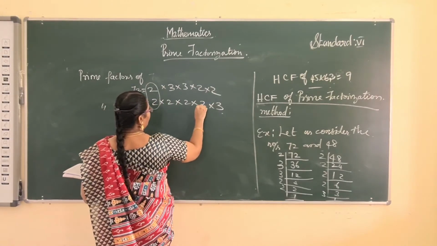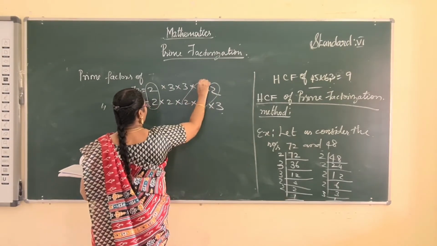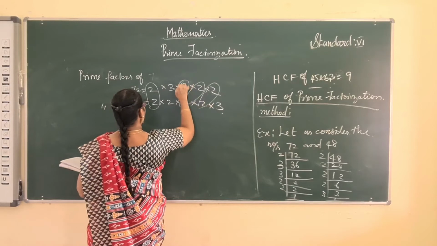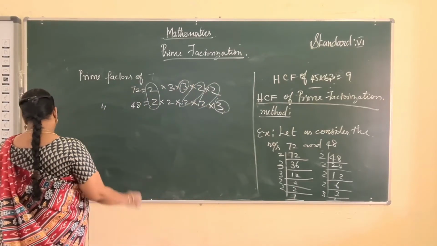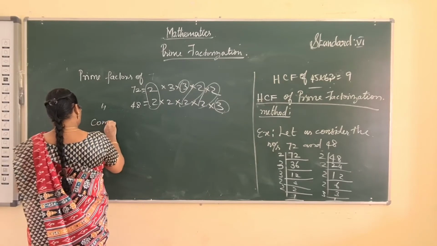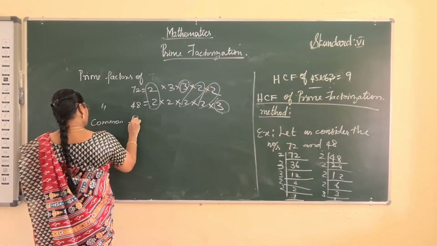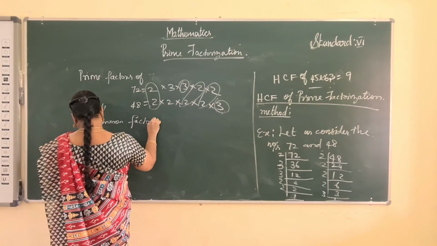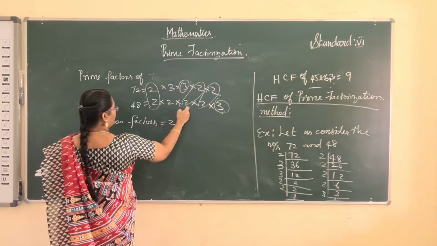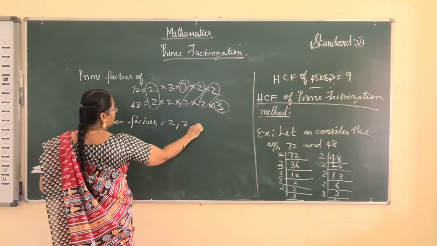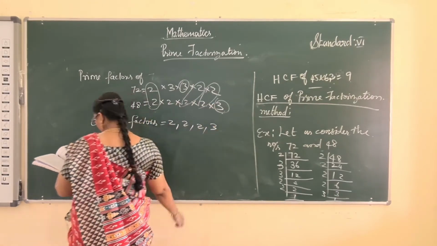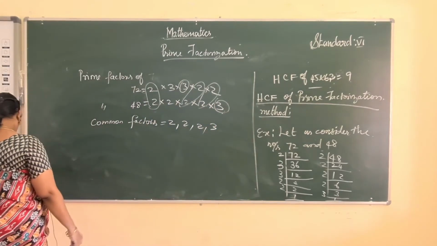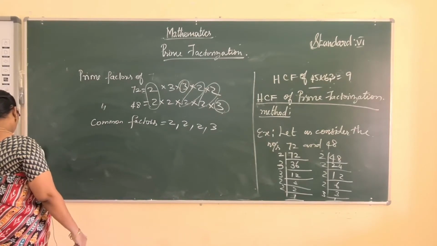The common factors are 2 three times, and 3 one time. So we have found the common factors; now multiply all the common factors to get the highest common factor.